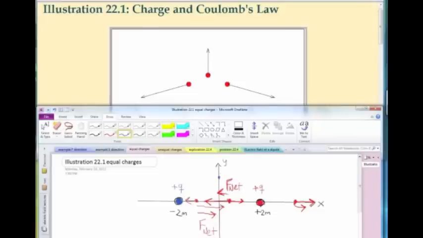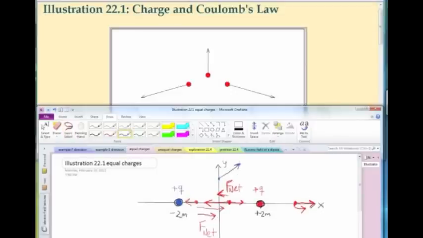The force due to the particle on the left is going to be repulsive, so it points that way, along this line, right? Now the force acting on that charge due to the one on the right points along the line that connects them and in that direction.